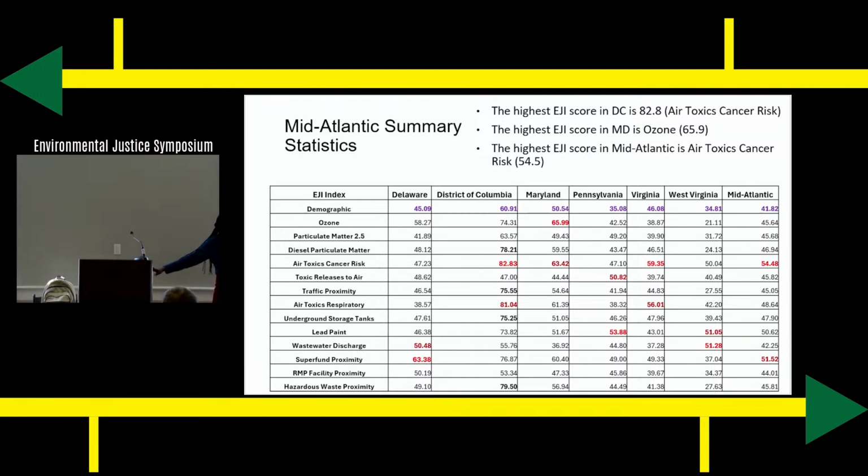The one that's highlighted is 53.88 for lead paint in Pennsylvania. Okay, but if you look back, you have 73.82 in DC, but it's not the highest. DC has 81.04, 82.83. So you're saying it's not the highest as far as the index for that area?